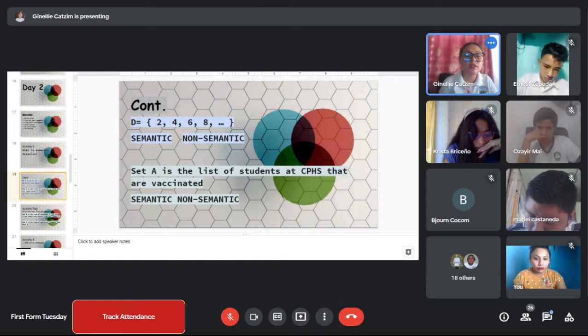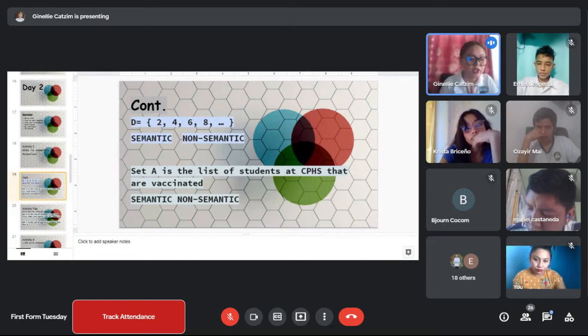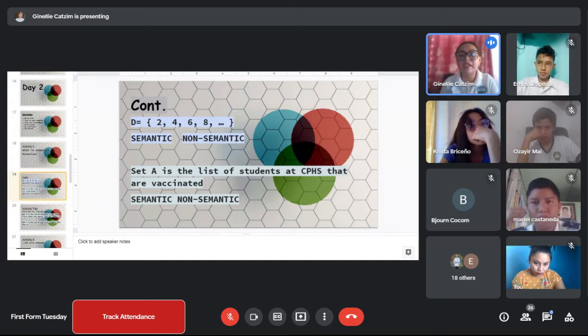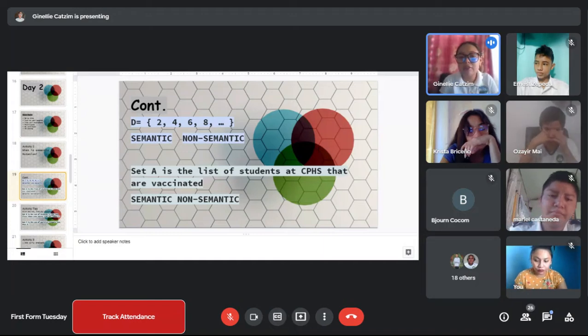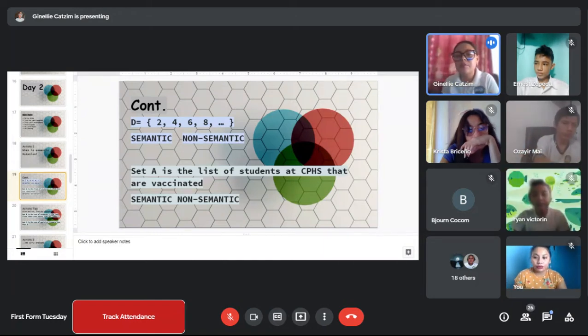So semantic notation has the name of the set and the description. Don't forget that. That is the main thing about semantic. As I told you, you can identify it because it is basically a sentence, right? It is a sentence giving you a description and the name of the set.